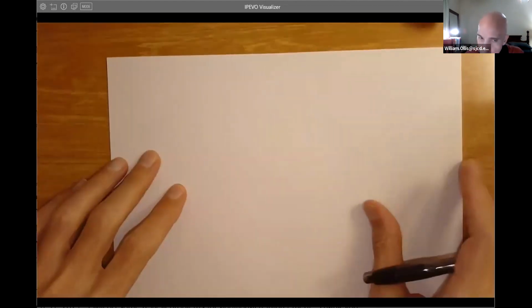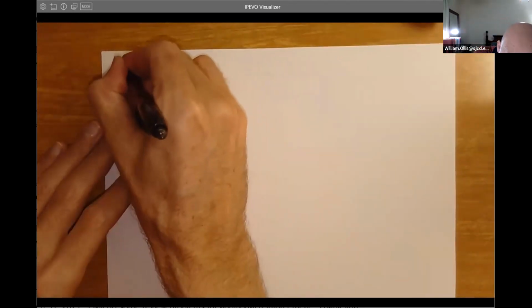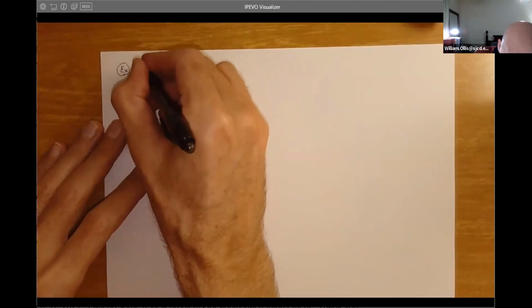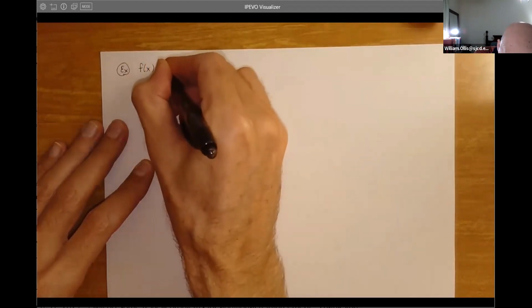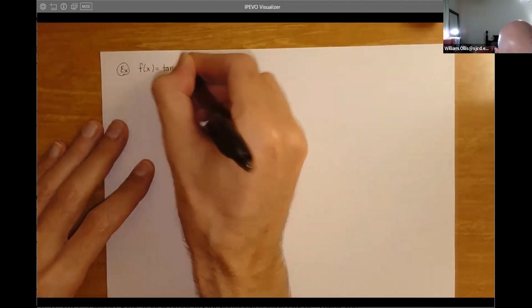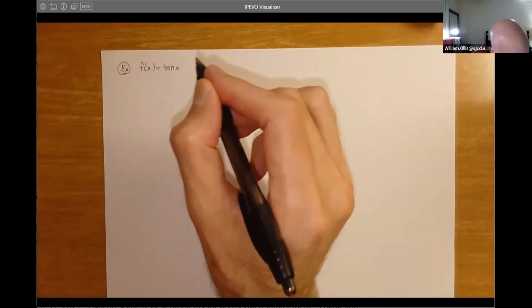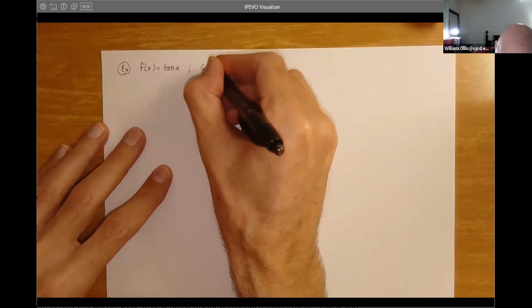Now, think of this just like integration, but we already know how to take derivatives. So let's do some examples where we compute some Taylor polynomials. So the first one's going to be, we're going to say f of x equals tangent x. And in this particular case, we're going to do Maclaurin. We're going to take c equal to 0.